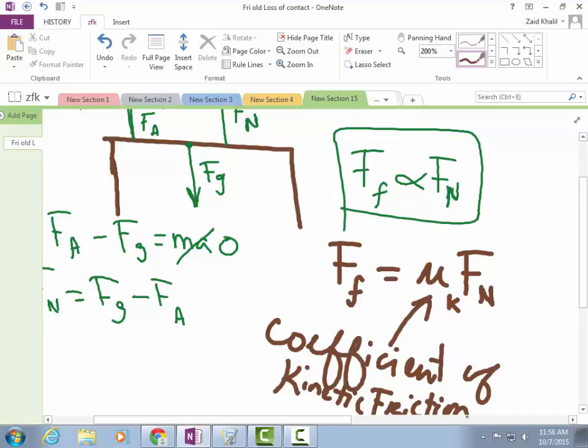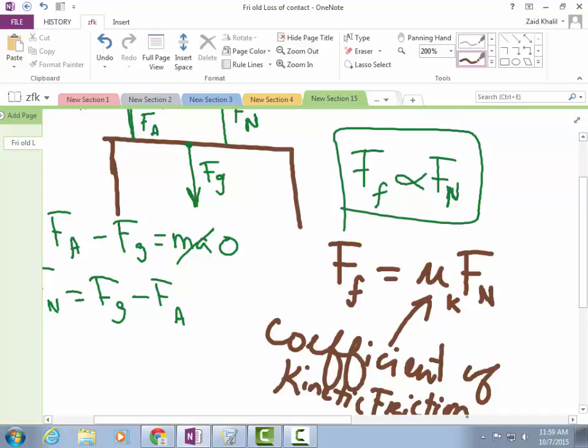What do you notice? I increase it to 15 newtons. 16. Notice what happened. At about 17 newtons, it breaks. So the maximum force of static friction was 17 or 16 newtons.